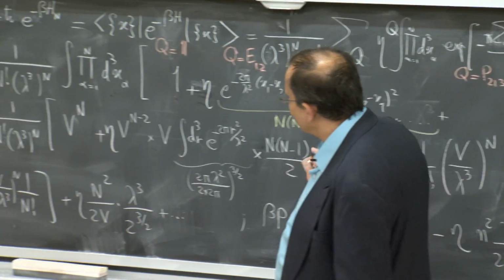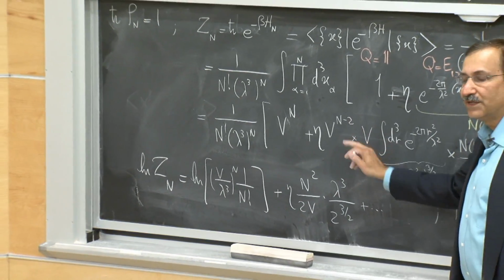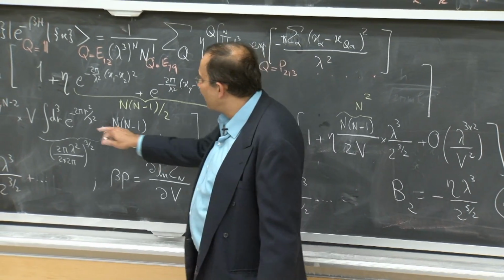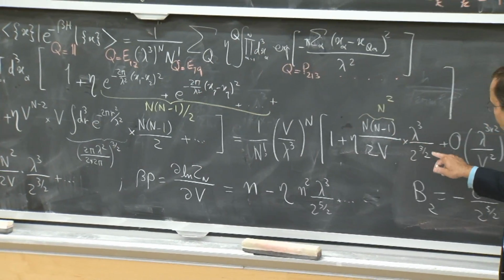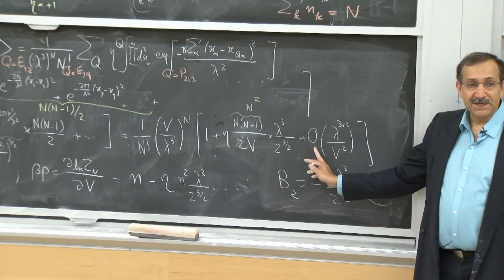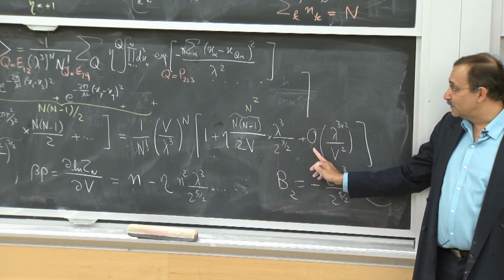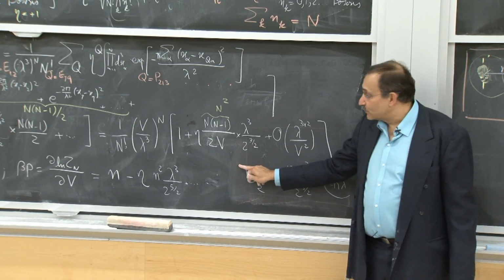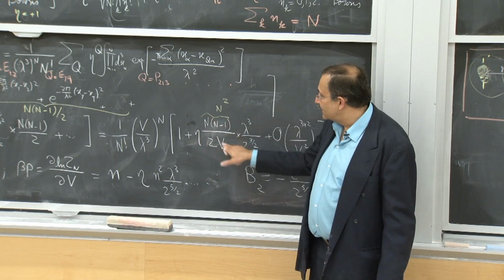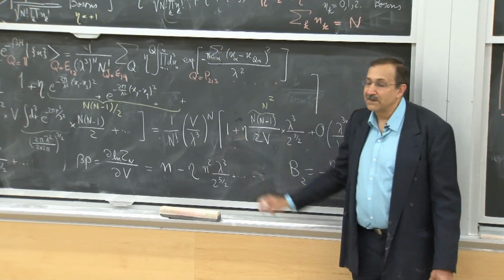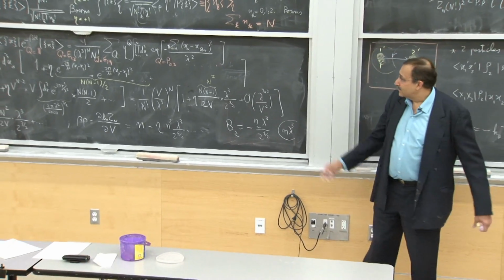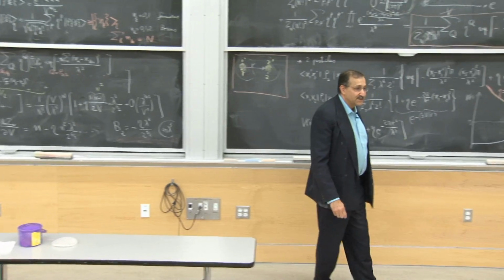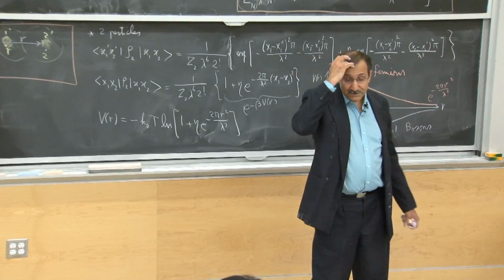So what you are worried about is that I took log of 1 plus something here, and I'm interested in the limit of n going to infinity at finite density n over v. So already in that limit, you would say that this factor really is overwhelmingly larger than that. And as you say, the next factor will be even larger. So what is the justification in all of this?